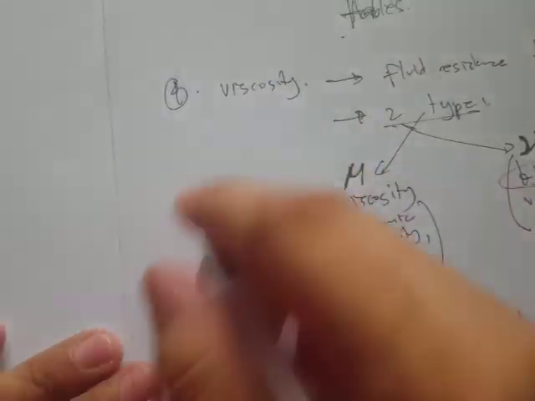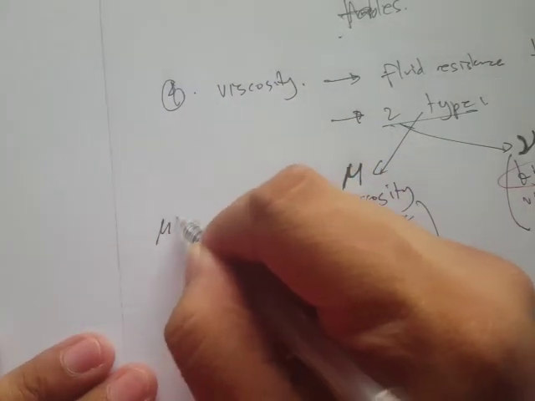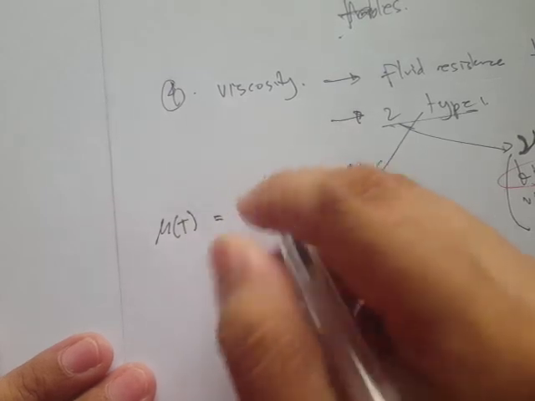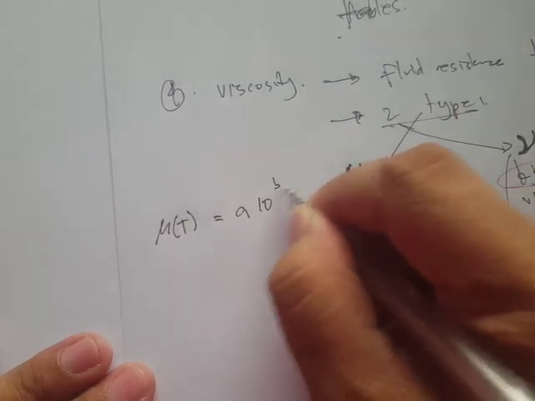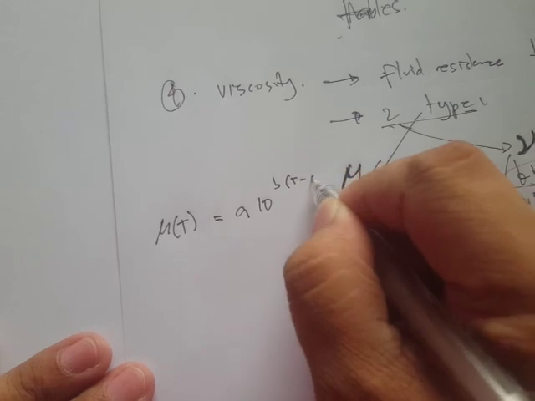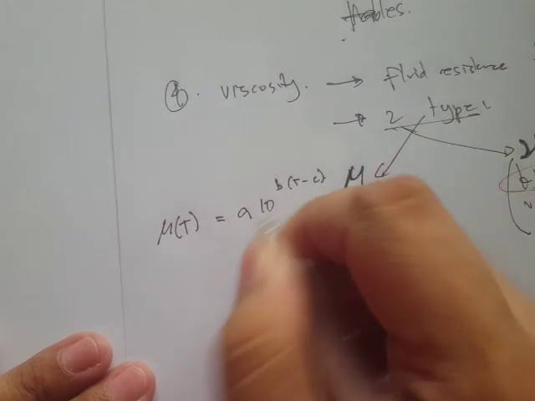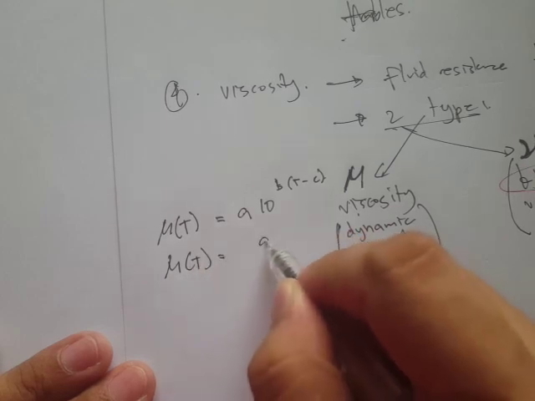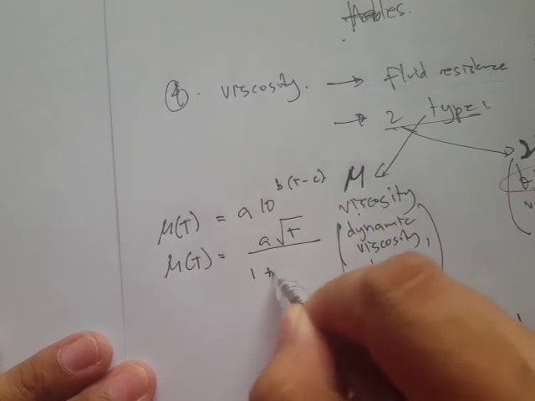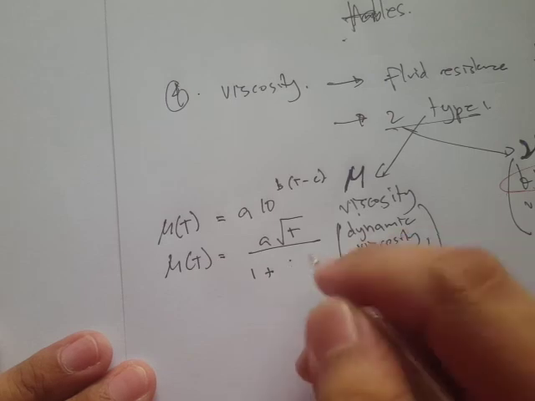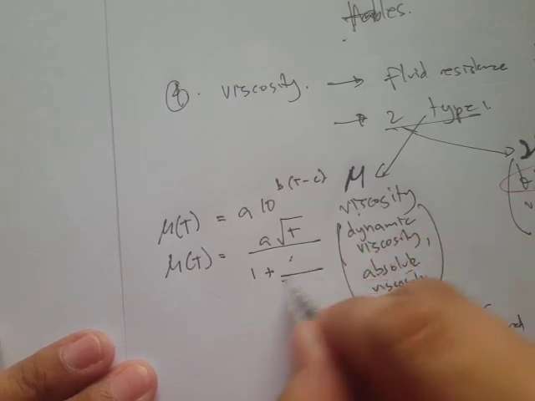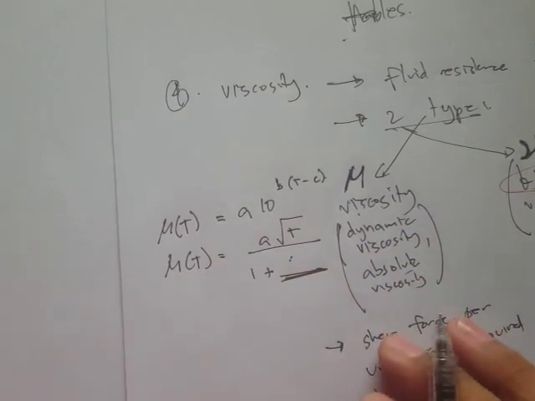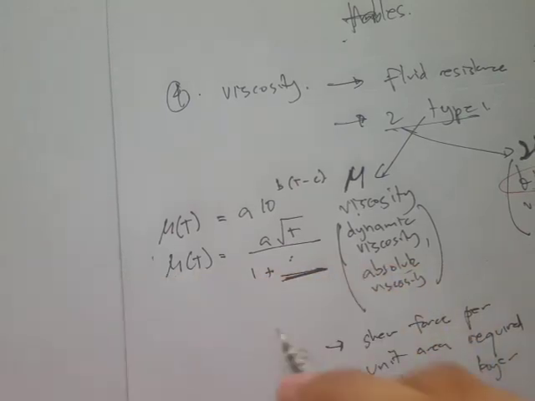And that's why we have correlations for the viscosity as a function of temperature. For liquids, we have A times 10 to the B over the temperature minus C, where A, B, C are constants. And then for gases, we have these equations in our lecture handouts, 1 plus some terms right here, which I can't understand in my handwriting.